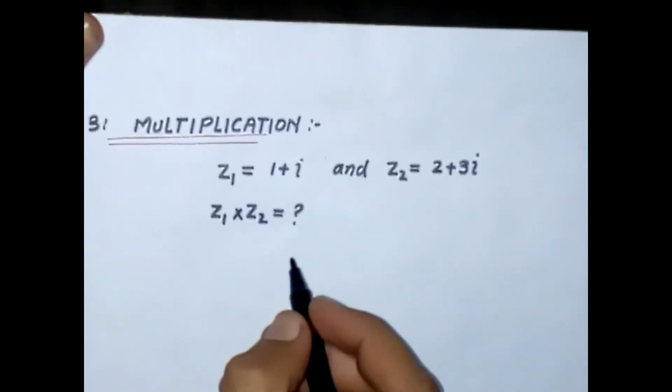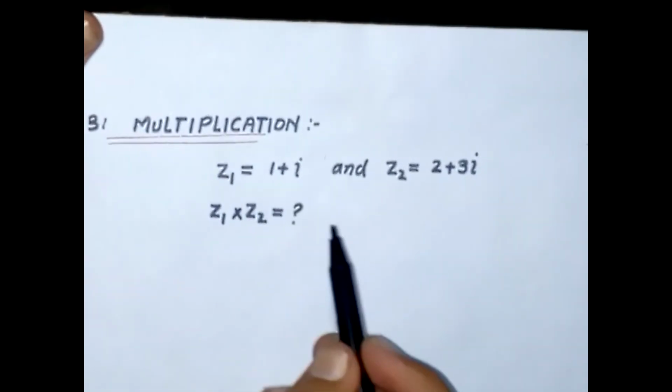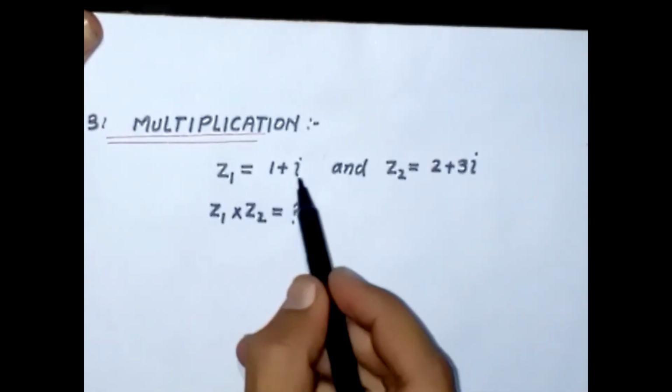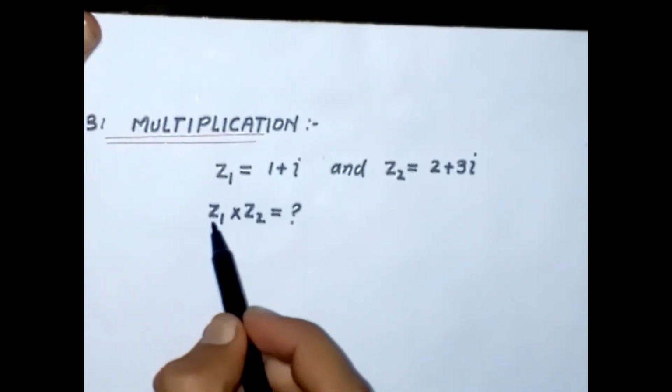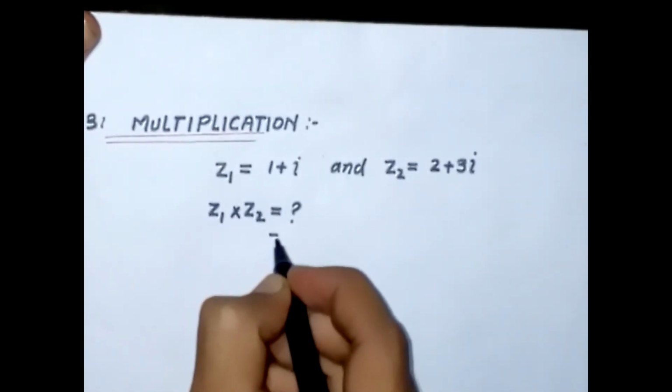Now let's talk about multiplication, the third operation on complex numbers. We have two complex numbers. z1 is 1 plus i and z2 is 2 plus 3i. We are going to find z1 into z2. How to find this?